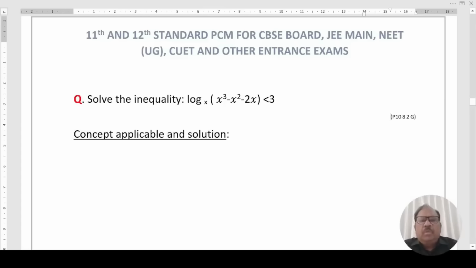Question is, solve the inequality log of (x cube minus x square minus 2x) less than 3 with base x.